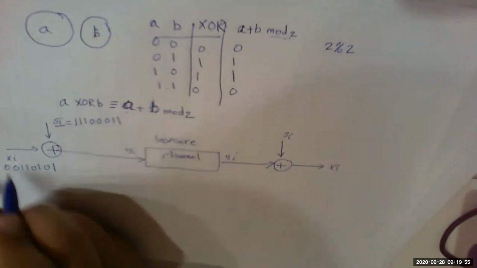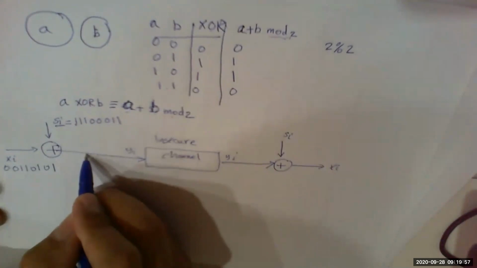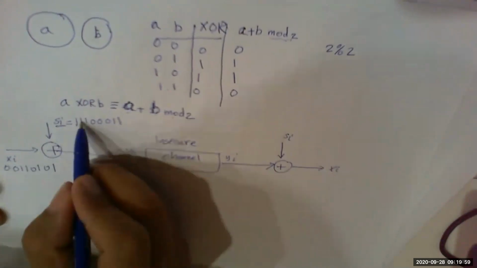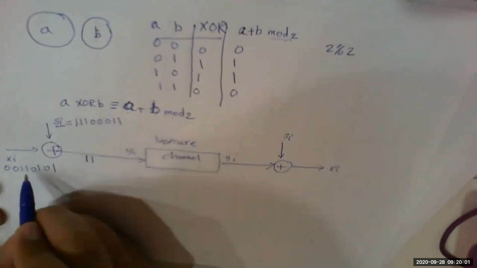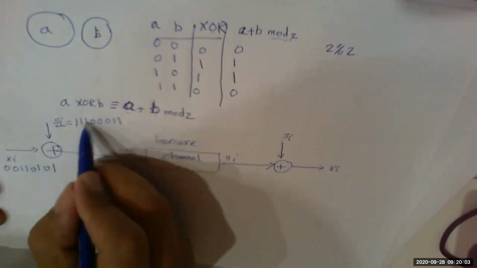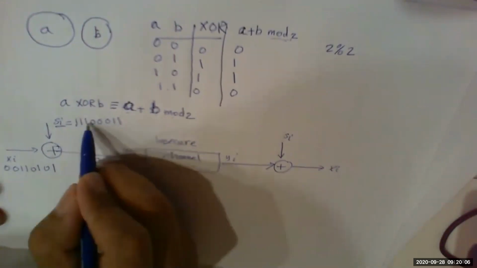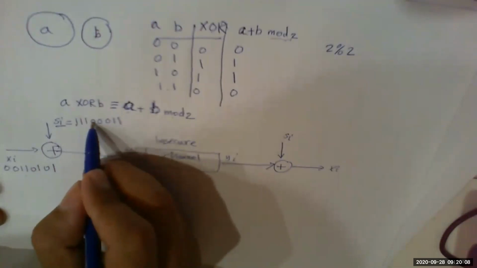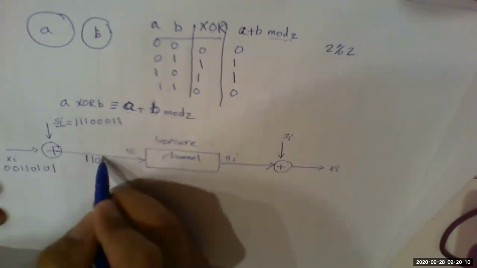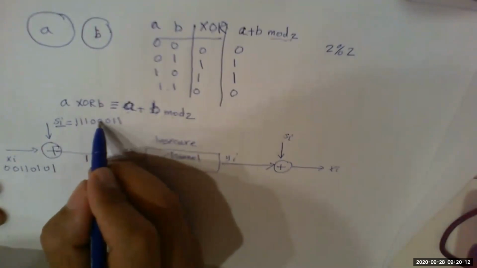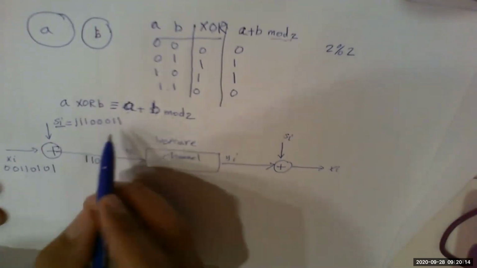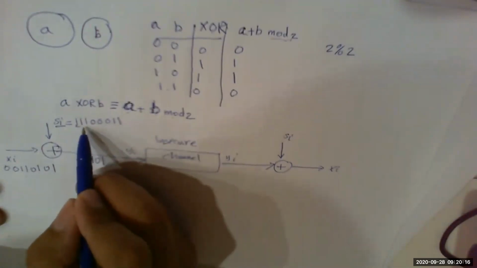1 XOR 0 is 1. 1 XOR 0 is 1. 1 XOR 1 is 0. 0 XOR 1 is 1. Okay, let's mark them.